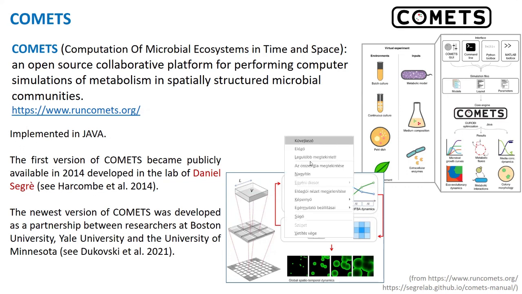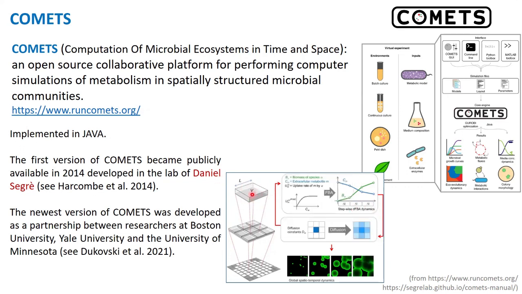So you don't have agents here. You have small biomass modeled in these grid cells, and then you can run Comets from its own user interface. You can run it from the command line, or you can integrate it into Python or MATLAB.